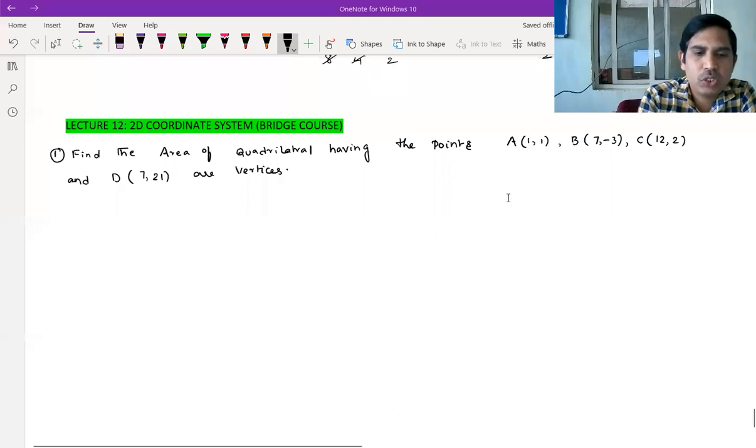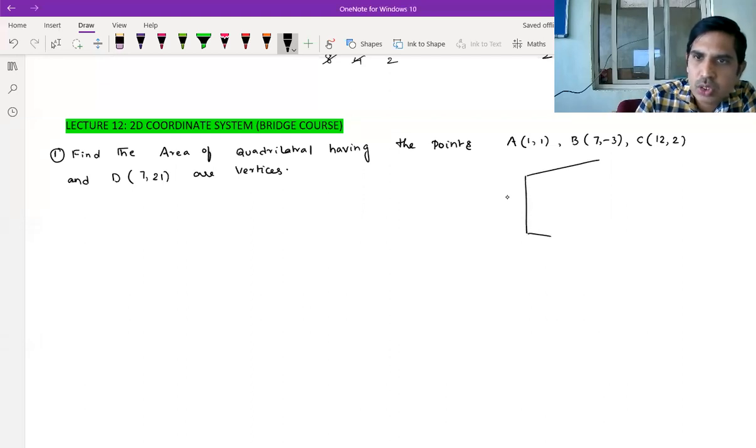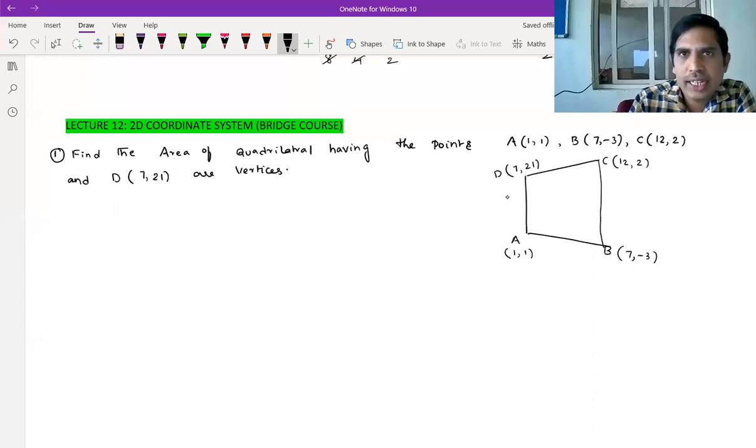Right. So first question, find the area of the quadrilateral having these points as vertices. Now one quadrilateral we have to consider here, like this. Already yesterday we discussed one question based on this. A is given as (1, 1), B is (7, -3), C is (12, 2), and D is (7, 21). Now we have to calculate its area. The formula is already given.